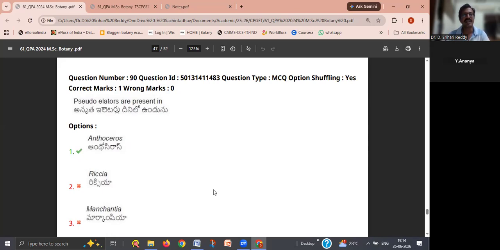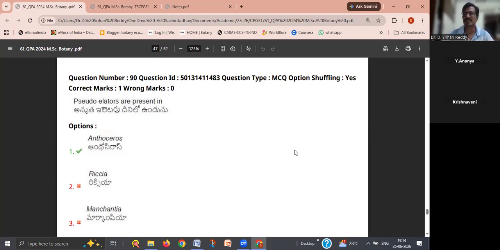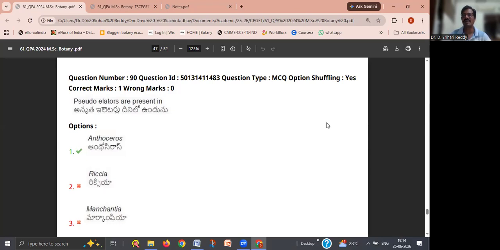In the case of Marchantia, in the capsule, other than the spores, elaters are also formed. The main function of the elaters is dispersal of the spores. When the dehiscence of the capsule occurs, what happens?